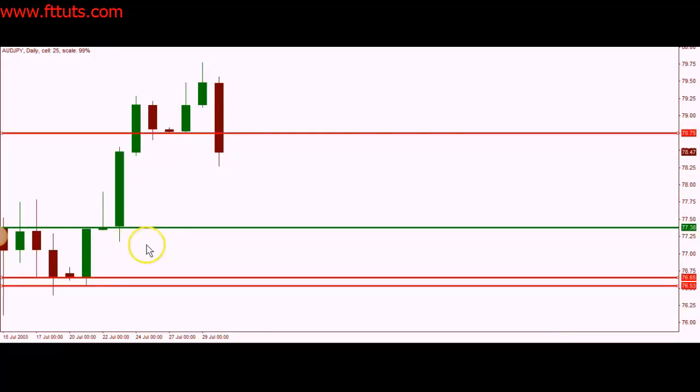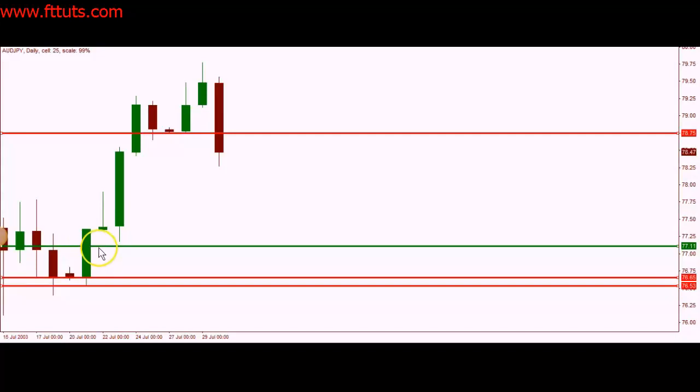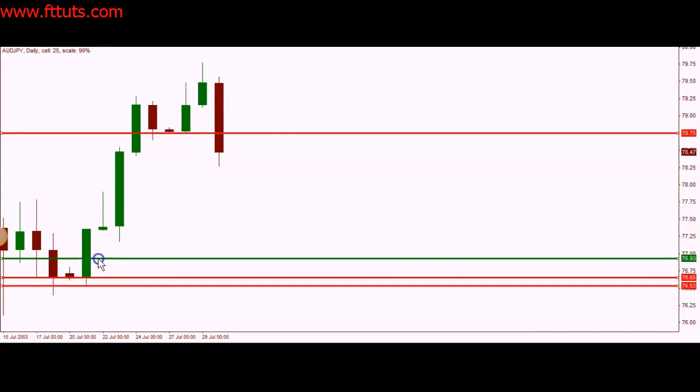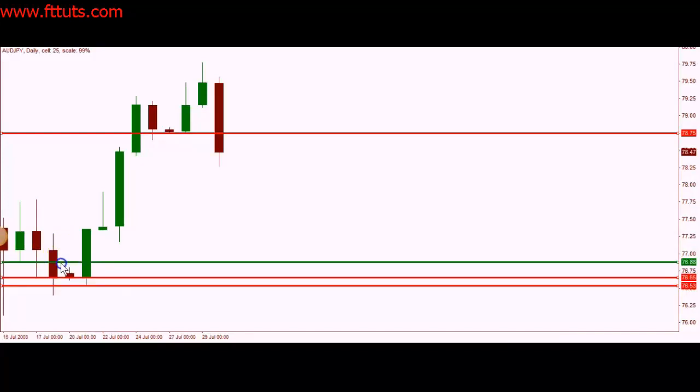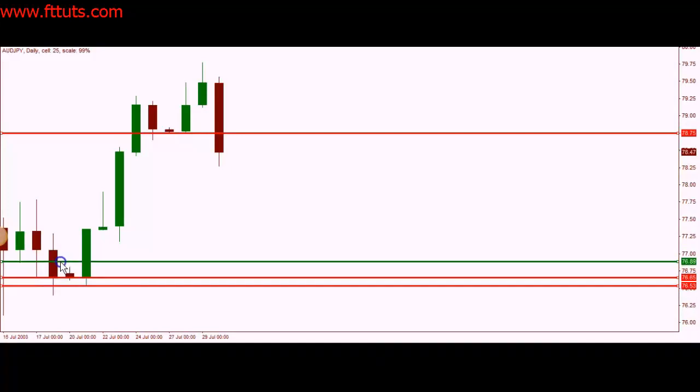So no matter where this candle closes, so say my green line here is the close of this candle here. If that candle closed here, I would have taken the trade. But the safest trade with more higher probability is to get above this level with a close. But the higher up into this body that the close is, the higher the probability.